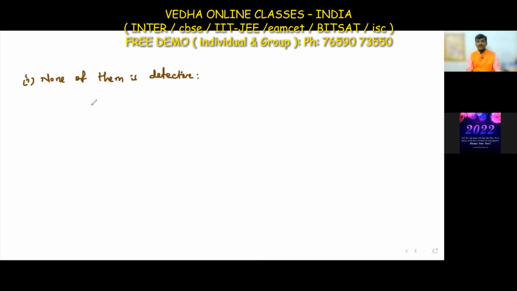So the number of non-defective or good bulbs is equal to 10. From these 10 only we have to select 5. How many ways are there?